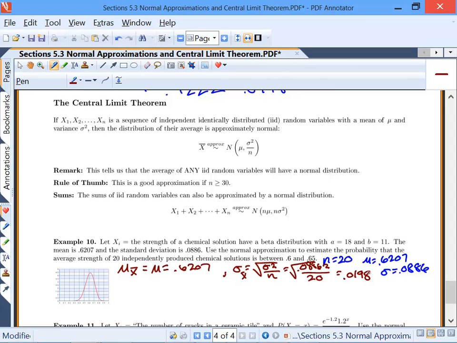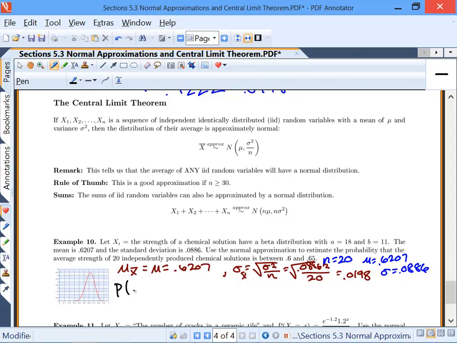So my mean for my x bar is 0.6207, but my new standard deviation for x bar is 0.0198. We know whenever we talk about the means that my standard deviation becomes smaller than it used to be.